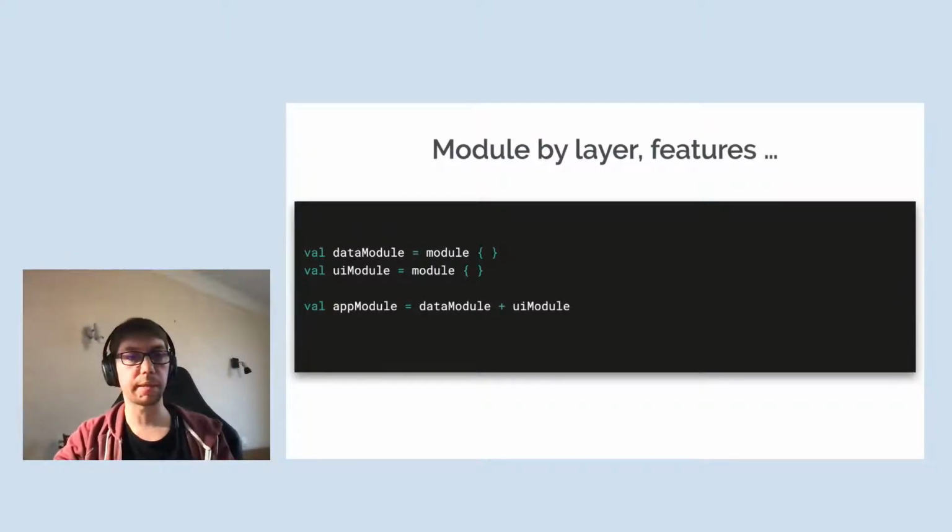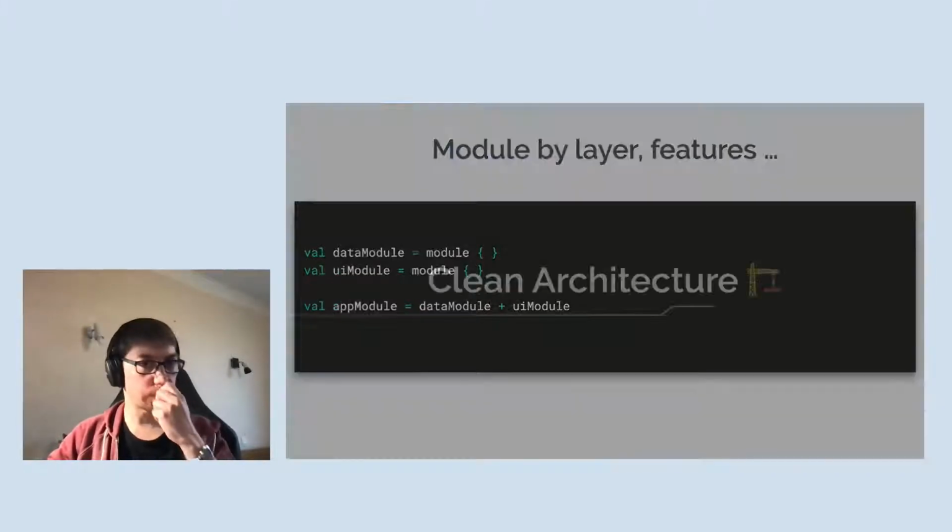Koin is here to give you really easy and comprehensive keys, but then it's up to you to organize yourself with modules. That means you just declare a module like a variable, just a value here, and then you can combine all those modules together with the plus operator. Up to you to split into layers, into features, and organize yourself in the way you want, which allows you to test in the way you want.